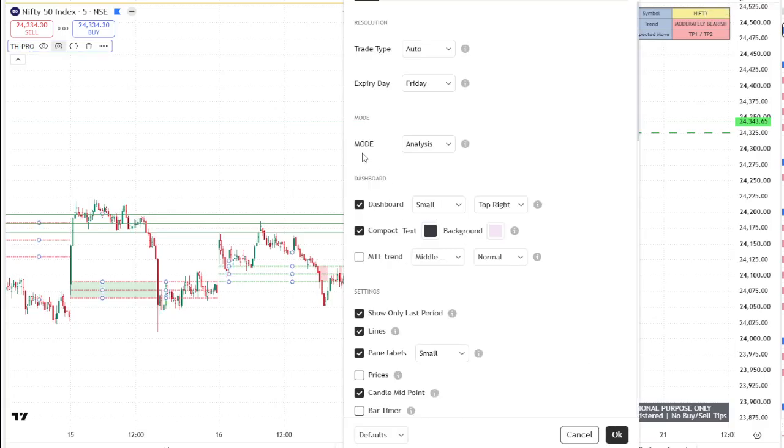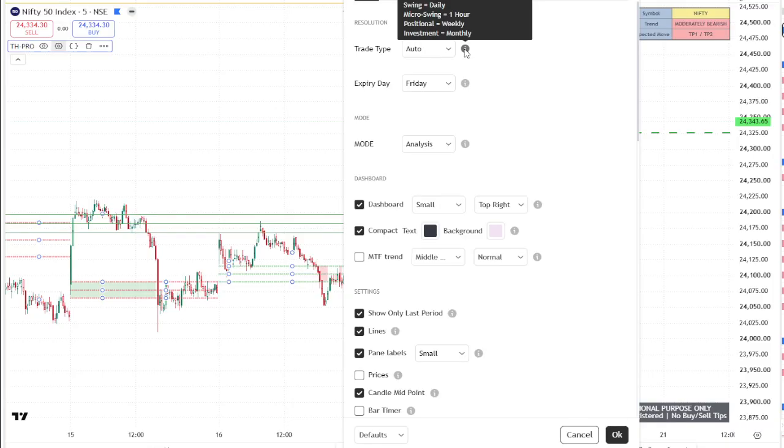Okay, as you can see, the analysis mode is enabled by default, and this is trade type. If you look on the right, in the help section, it says suggested time frames. The indicator, Traders Hedge Pro AI, is built not only for intraday, but for all kinds of time frames and all kinds of traders, whether you are an intraday player, a scalper, a micro swing trader, a swing trader, a positional trader, or an investor.